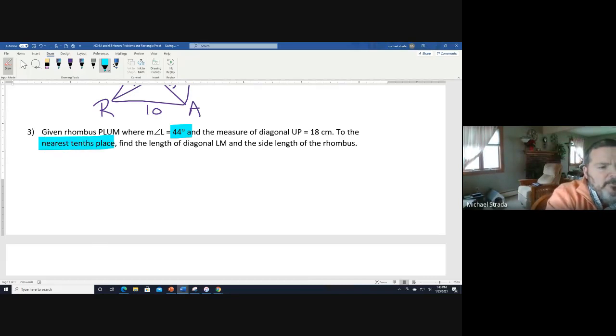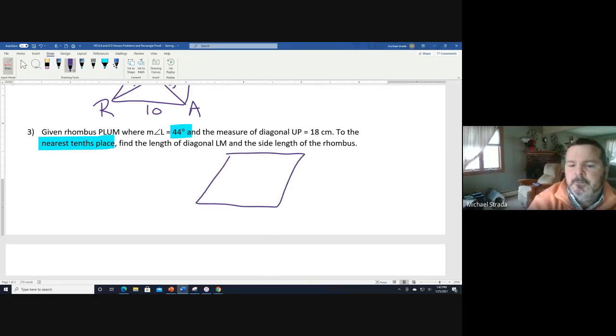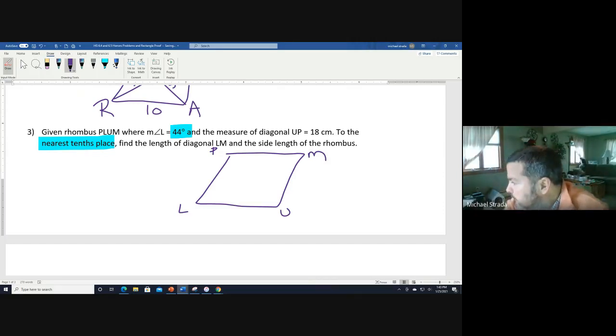Number 2, they're telling me to round to the nearest tenth place, which makes me believe that I am going to use trigonometry. So I start by drawing rhombus PLUM. I'm going to put the L down there since it's 44 degrees, and then place everything else where it needs to be.